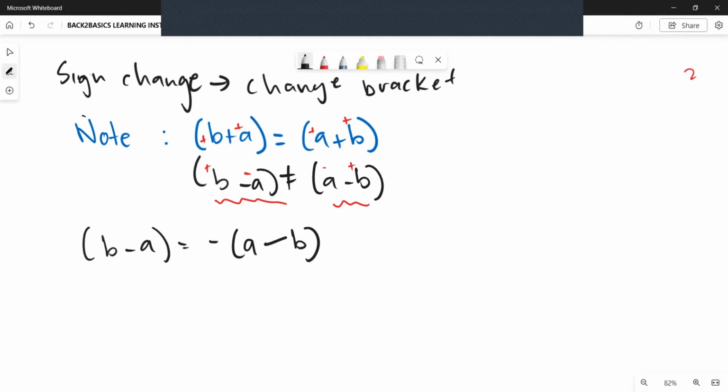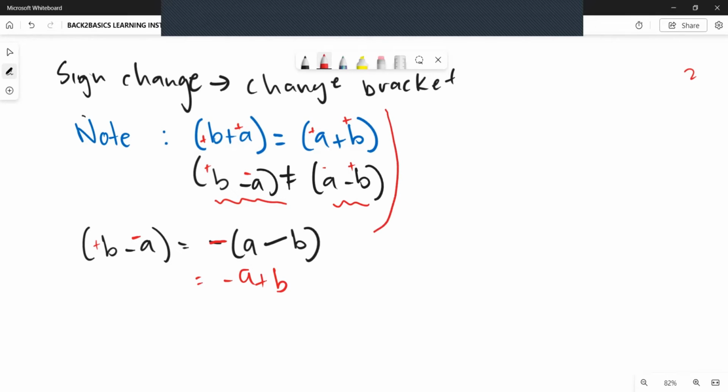Remember, if you multiply with this negative, it's same as negative A and plus B, which indeed matches this side, because here your B is positive and your A is negative. So can you see that these two are the same altogether? So please take note of that when you're doing sign change, right?